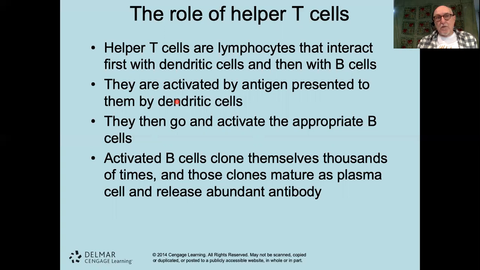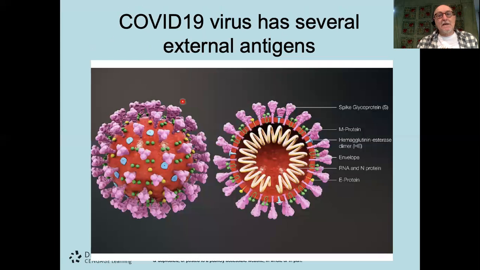In vaccination, what we hope to do is to teach the immune system how to recognize a particular antigen, so that if ever it sees it again, it will immediately react, not go 5 to 10 days, but immediately react and produce antibody.